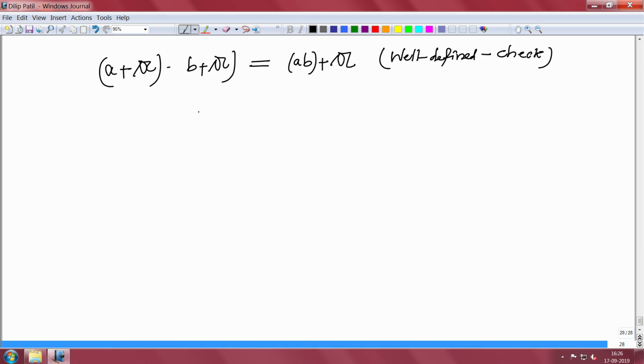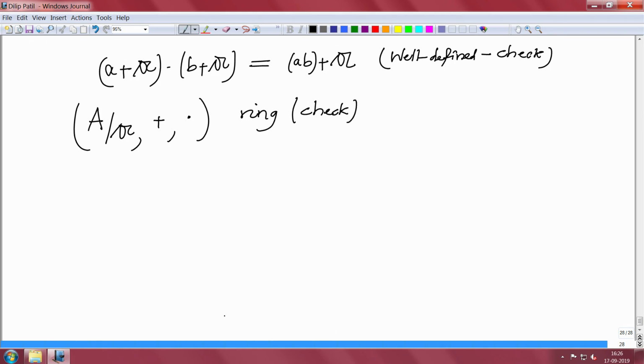With these two definitions, this quotient group with this multiplication will become a ring, which we have to check. Again check. That means it's an abelian group, it is a monoid, and there is an identity element. And what is the identity element? The identity element is precisely 1 + 𝔞. This is the identity element, this is the one of the quotient ring.